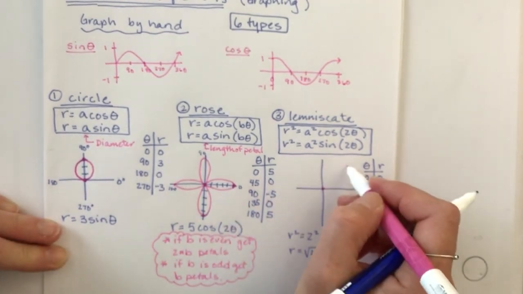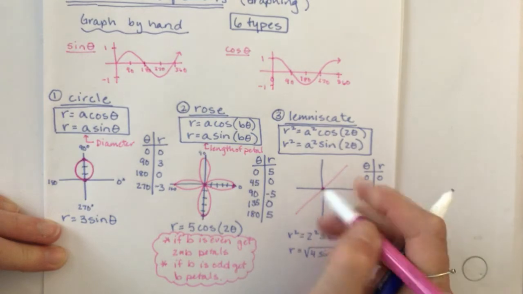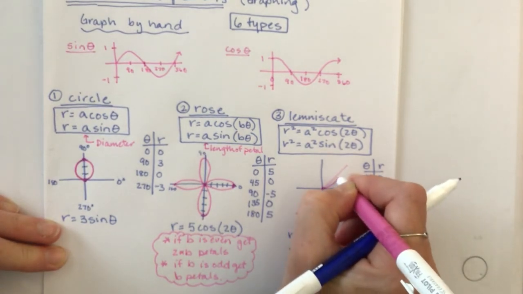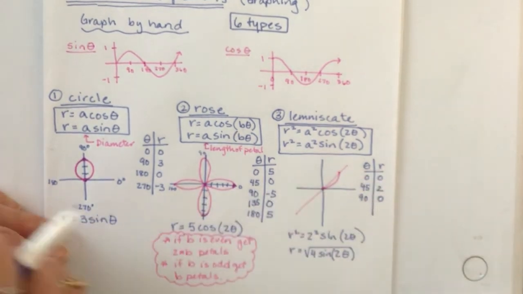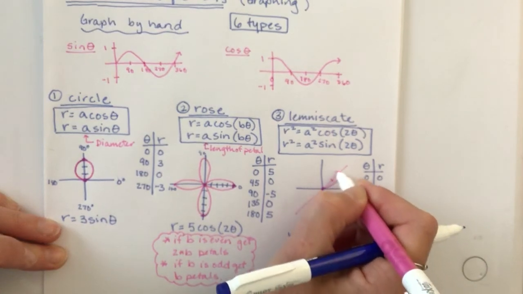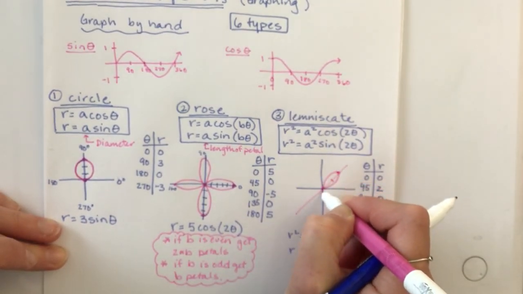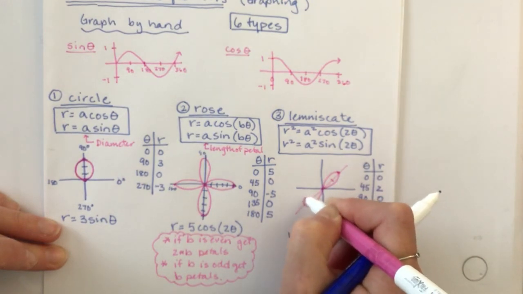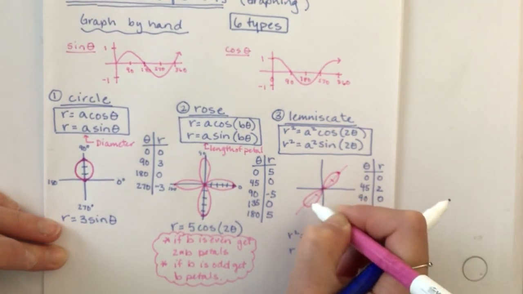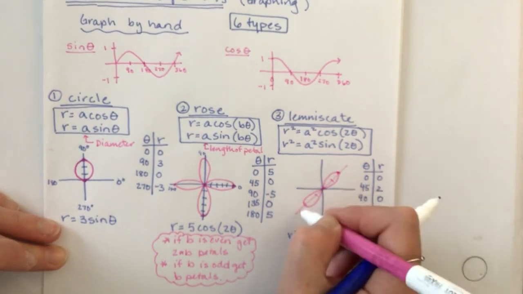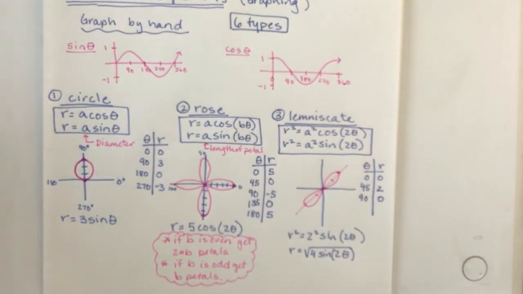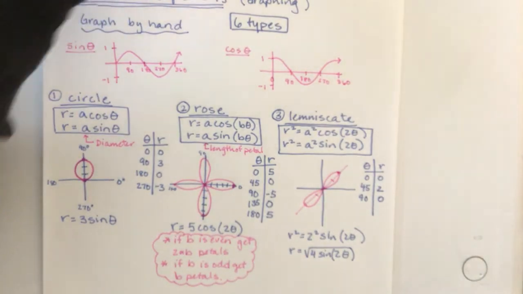So it's going to look something like this. It's going to start out here, go out to 2, that's 2 on this radius here, and then come back and go back out to 2 and back. So this one looks like a sort of cockeyed infinity symbol, right? Okay, so the next 3 we're going to do in the next video.